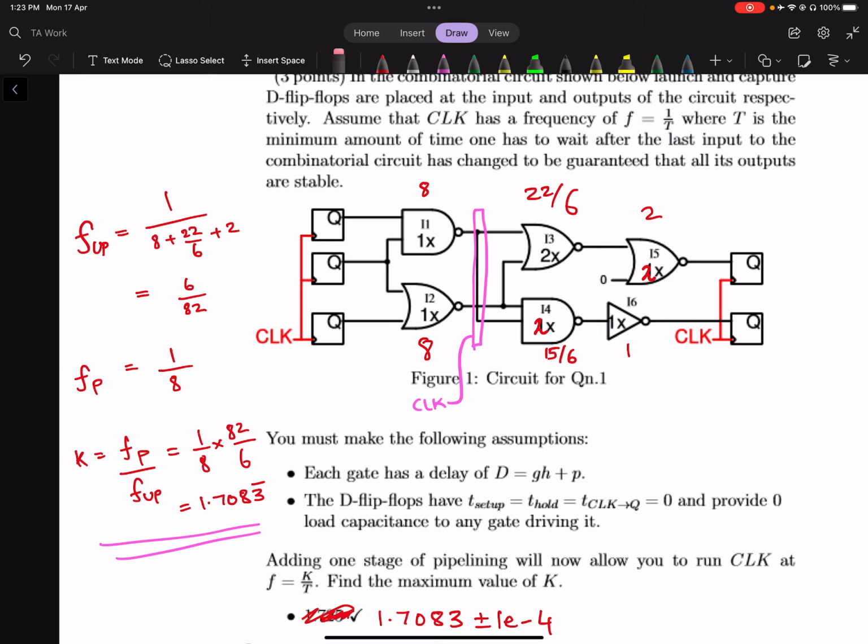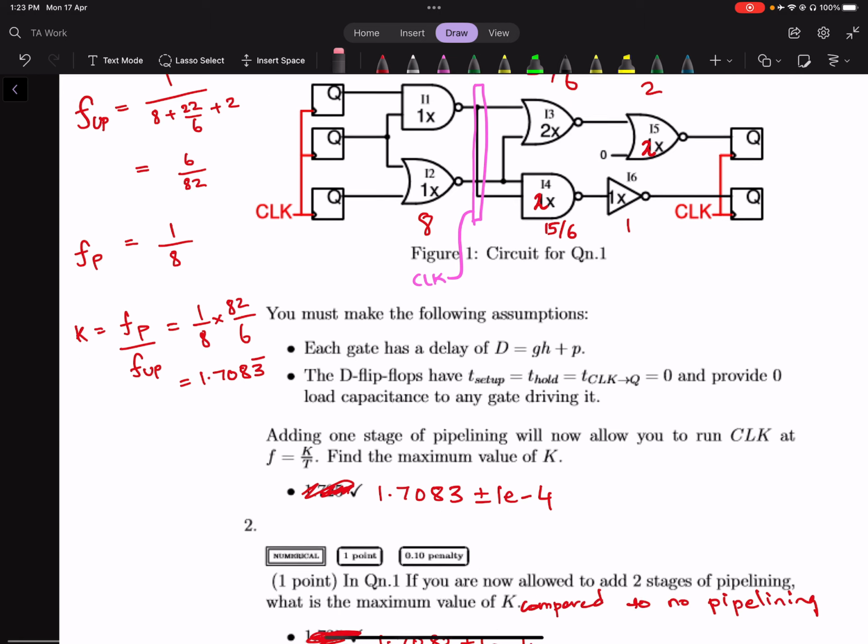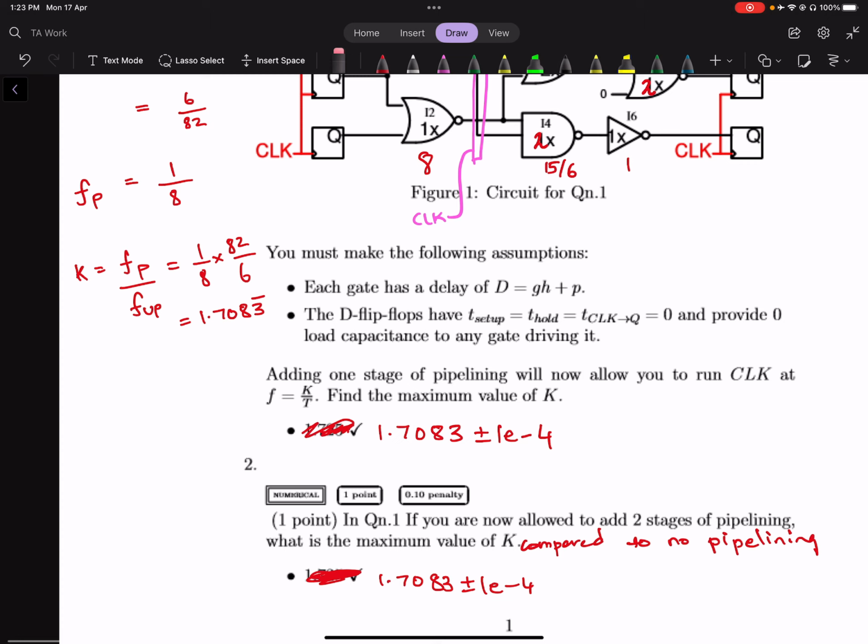1.7083, right? And the question, I believe, has been configured to plus or minus 5e-3. So the range of the answer is plus or minus 5e-3, not 5e3.